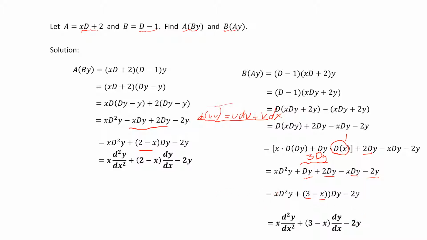Now notice that these two, here and here, this is no longer the same. So basically, this ABY here is not necessarily equal to BAY if you have an operator with variable coefficients.